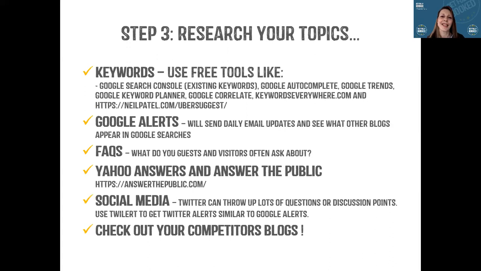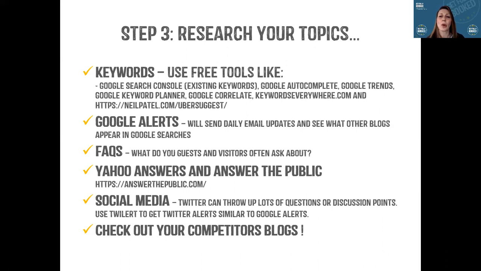The next thing, step 3 really of this process, is to research your topics in a bit more detail. So you can use several things to do that. For example, when you're looking at keywords and what people might actually be searching for, you can use Search Console, which your web developer can give you access to, which will show you the existing keywords that people are using to come to your website.